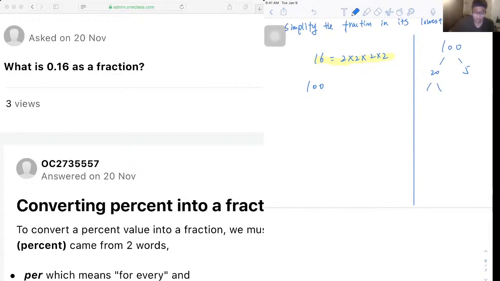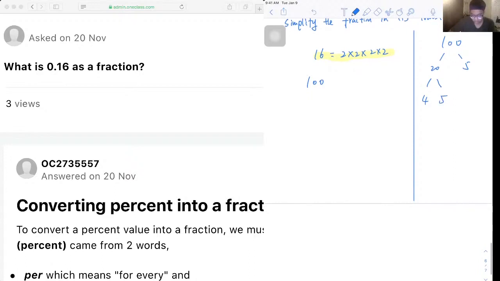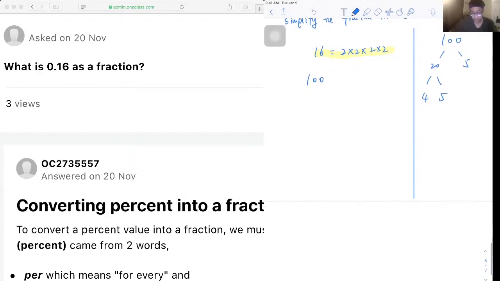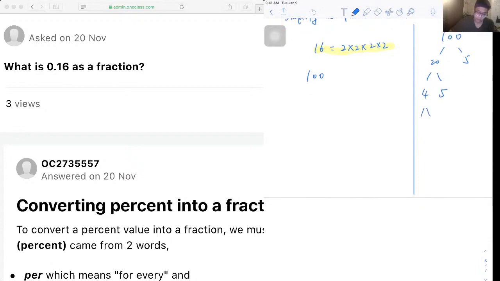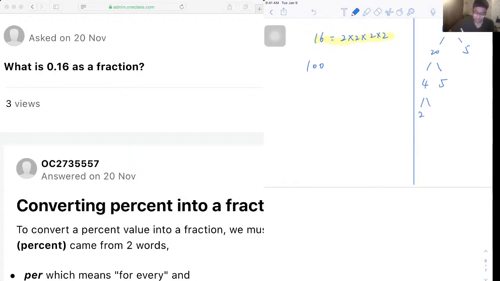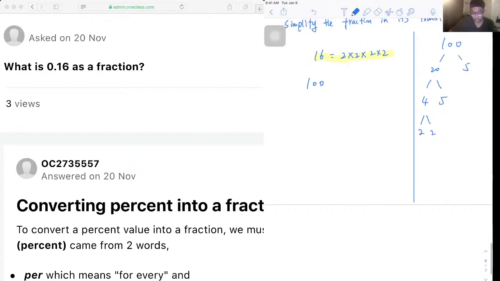And then 20 can be written as 4 times 5, right? And same thing, we leave 5 just there, so we now only need to focus on the 4 part, where 4 is equal to 2 times 2. And now you see we got all prime numbers, so we just need to times the value at the end of each branch together. So which means 100 is equal to 2 times 2 times 5 times 5.